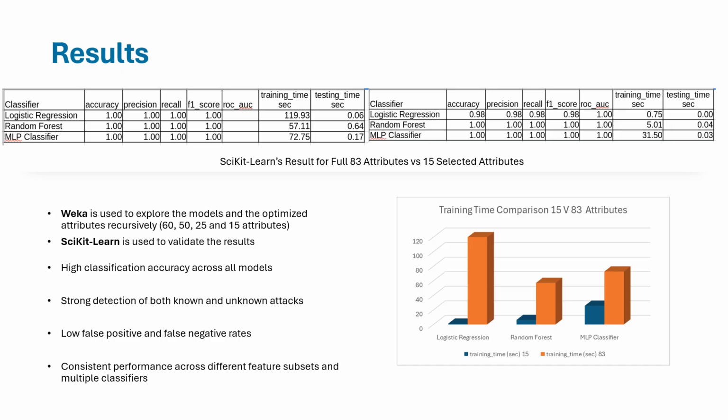If we visualize these results, we observe that reducing the feature set significantly has only a minimal impact on accuracy. However, this reduction leads to substantial improvement in computational efficiency. Additionally, performance remains consistent across different classifiers and feature subsets, demonstrating the robustness of our approach.